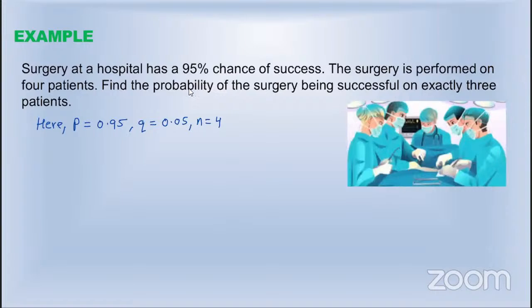It's okay. Surgery is performed on 4 patients, so n equal to 4. But what we have to do is find the probability of the surgery being successful on exactly 3 patients. So surgery is performed on 4, but we have to calculate the probability that it will be successful in exactly 3.